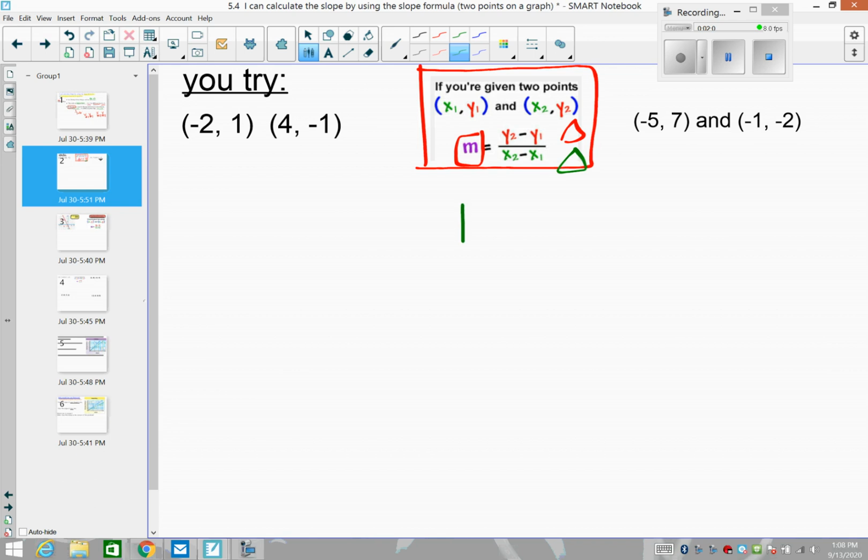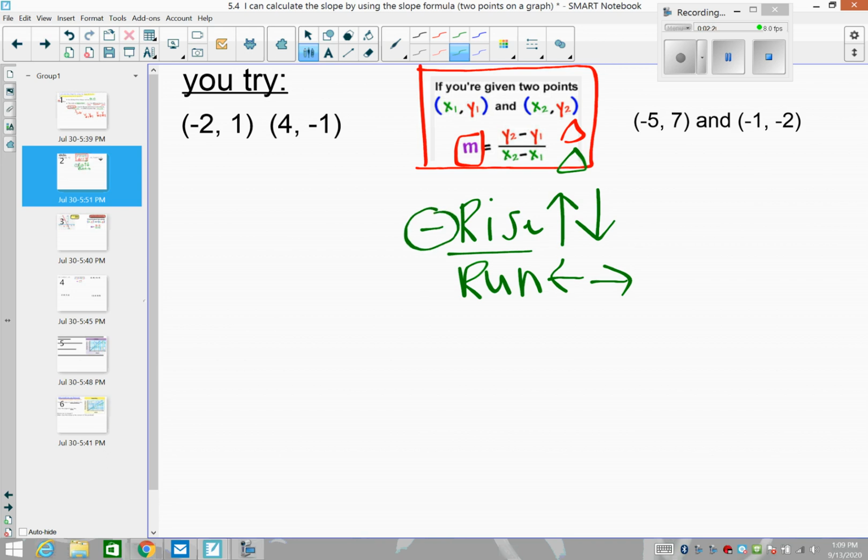So we're still calculating rise over run, just like we were before. The dilemma is we just don't have a picture. So we're really talking about our up and down movement and our left and right movement. The deal basically is that we just have to be able to subtract our y's and subtract our x's and be able to calculate that.